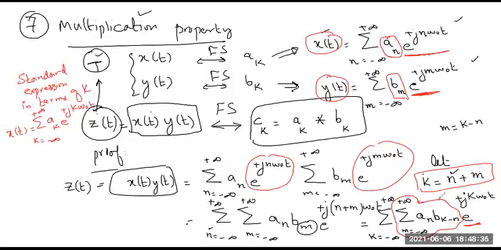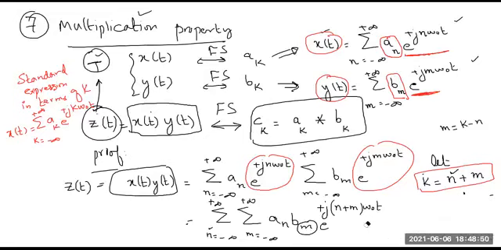Let me correct the mistake over here. Let me remove this final result. This is what I was trying to do: in place of this n plus m, I introduced another integer, that is k. And then I'm going to replace this particular summation, which is with respect to m, and now I want this summation to be with respect to k.